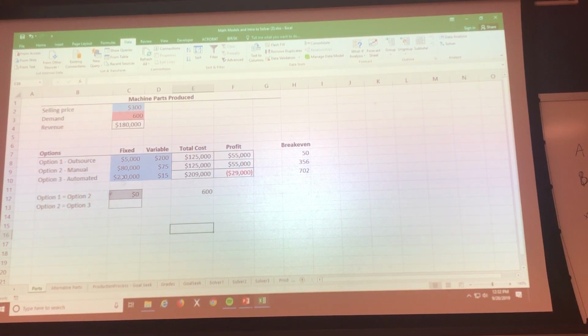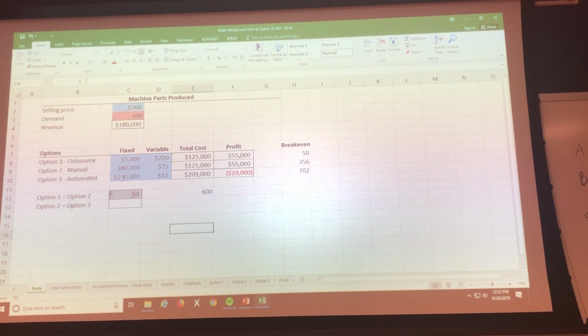Well, we can do the exact same thing when we're comparing option 2 and option 3 to each other. We just find the difference between option 2 and option 3, subtract either way you want to.